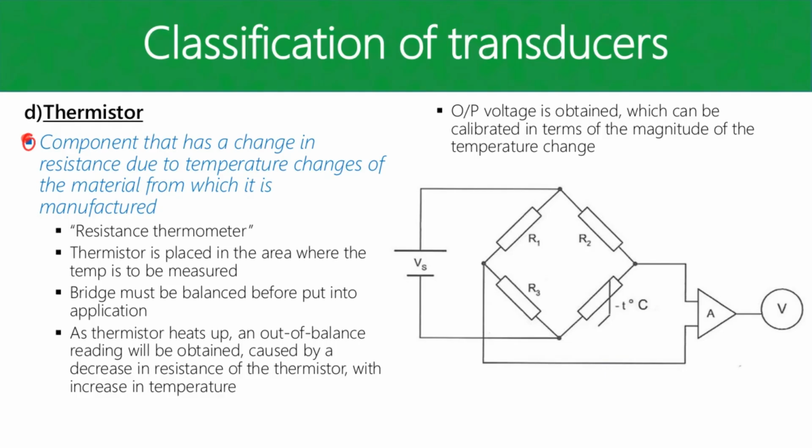So typically, in order to set up your Wheatstone bridge correctly, let's say under normal conditions or room temperature conditions, the voltage at this point needs to be the same as the voltage at that point.